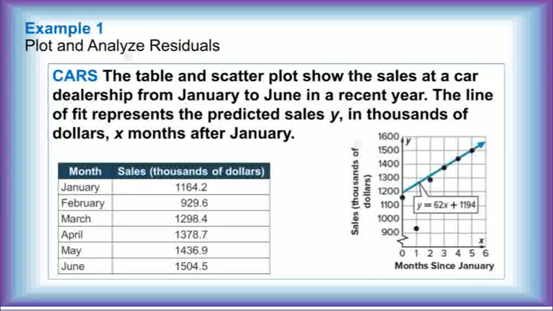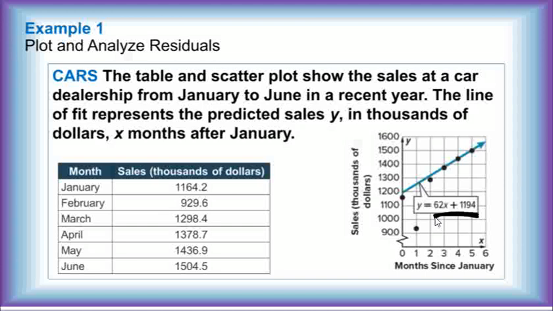So to do that, we are going to use this example. The table in the scatter plot shows the sales at a car dealership from January to June in a recent year. The line of fit represents the predicted sales line in thousands of dollars x months after January. So they give us the line of best fit, and then we're going to use that to help us with finding the residuals.